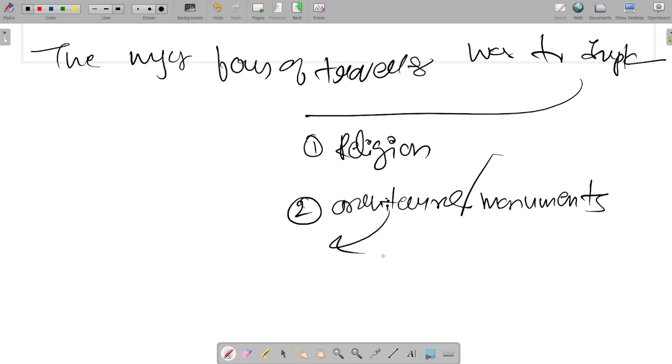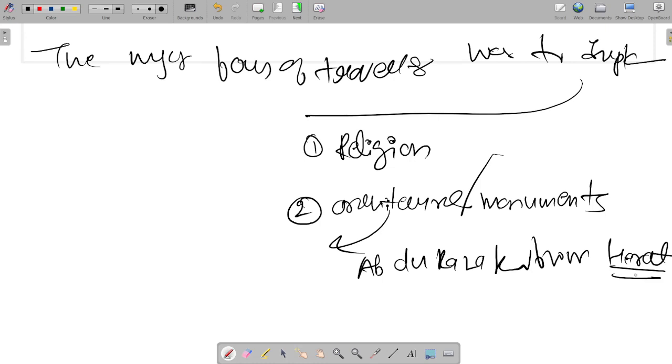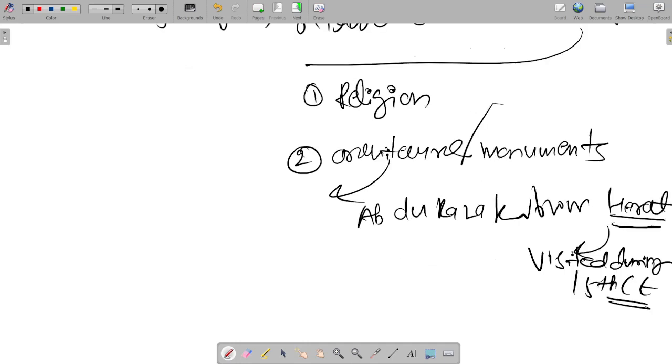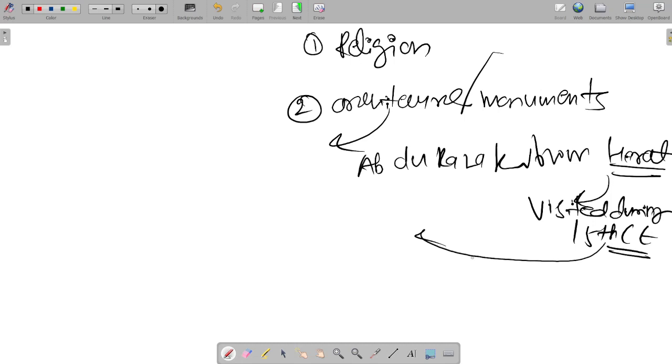In this detail, the name of Abdul Razak Samarkandi from Herat province, who visited during the 15th century Common Era, that is CE, the Vijayanagar Empire in South India.